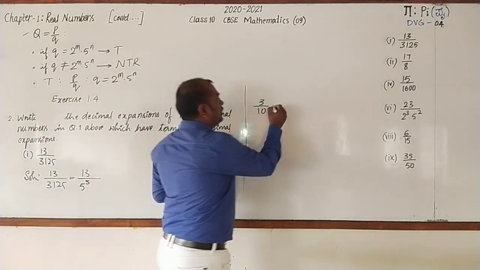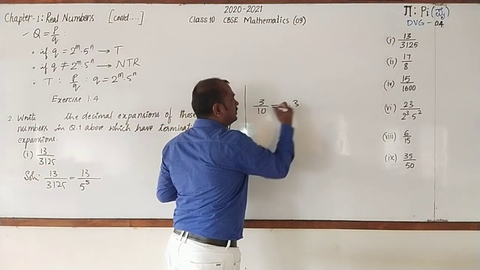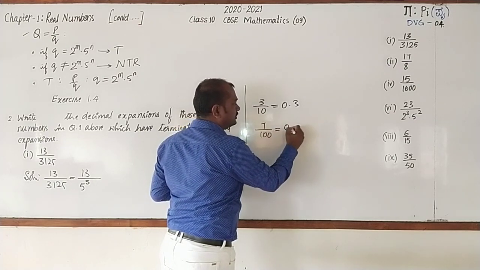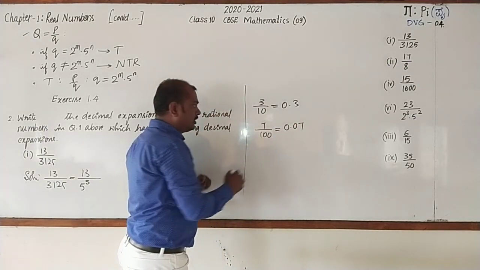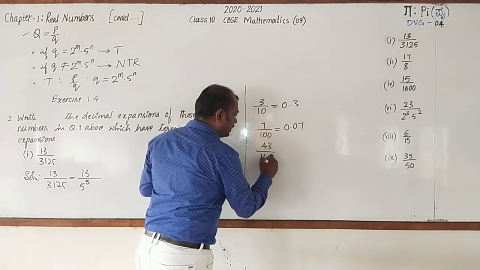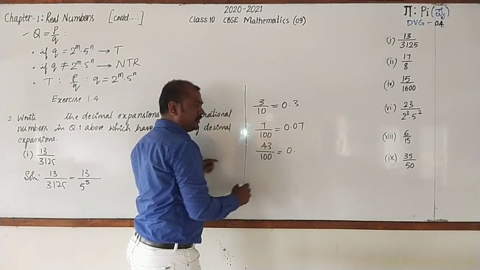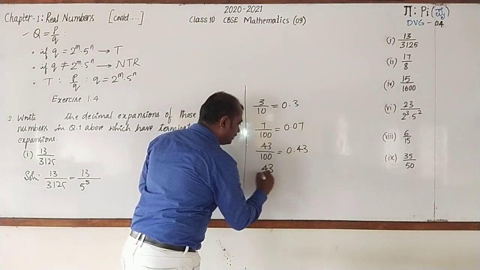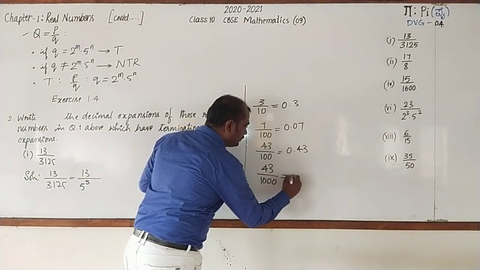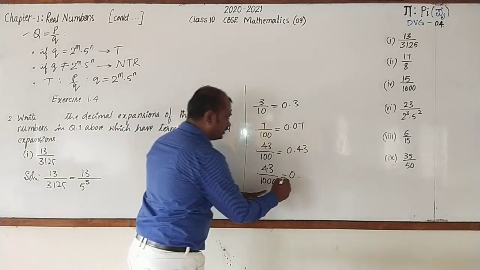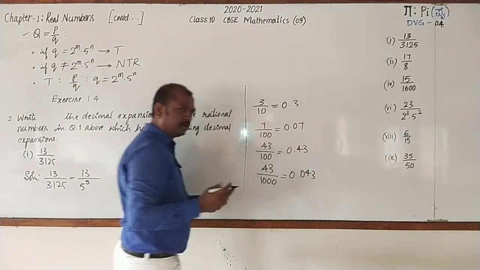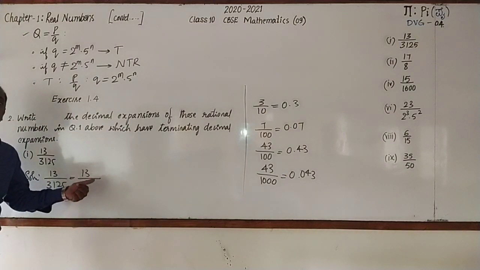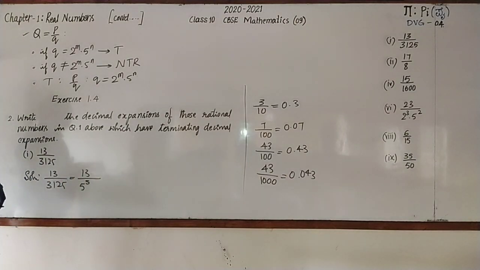Right? 3 by 10, we write 0.3. 7 by 100, we write 0.07. 43 by 100, we write 0.43. 43 by 1000, we write 0.043. So now the denominator should be a power of 10.